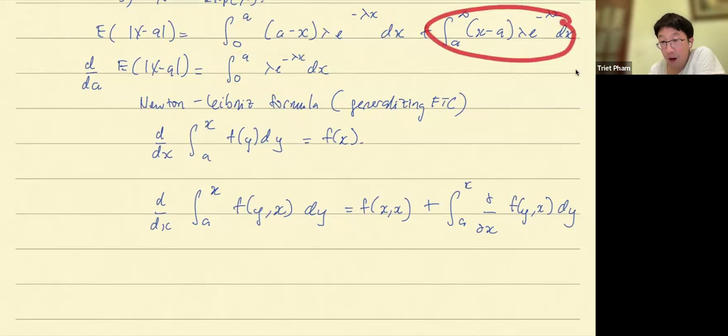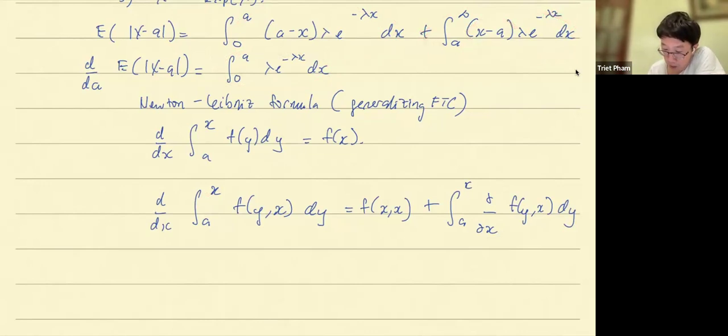The second one's the same. Plug in a here, but with a minus, because it's the lower limit, but the minus of the integral is still 0. And then differentiate with respect to a inside.